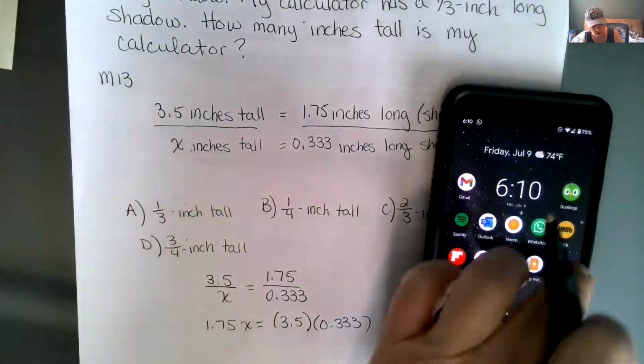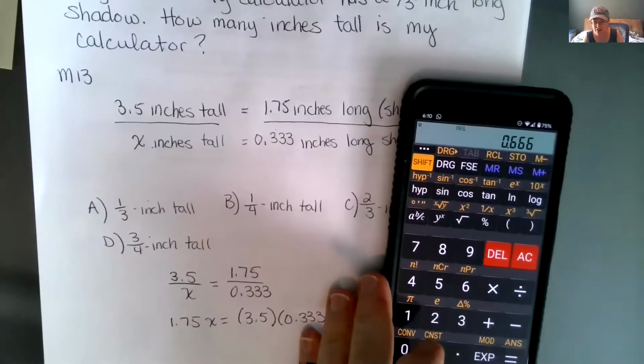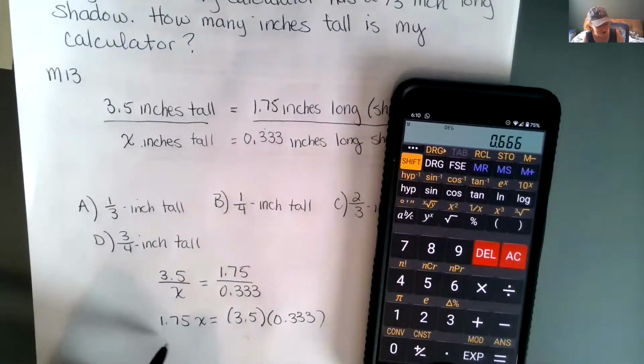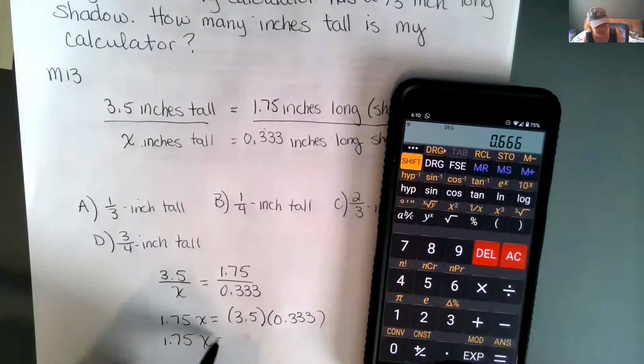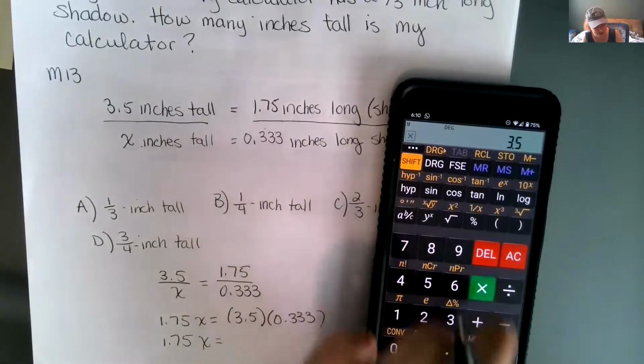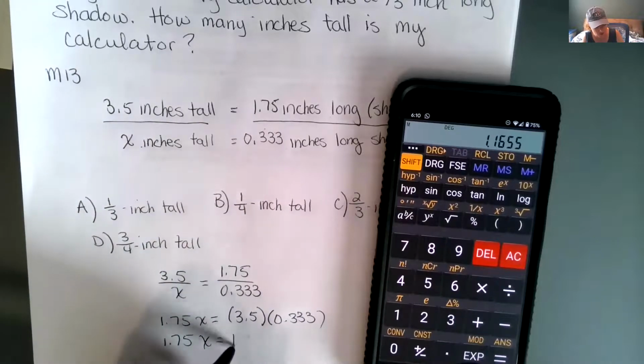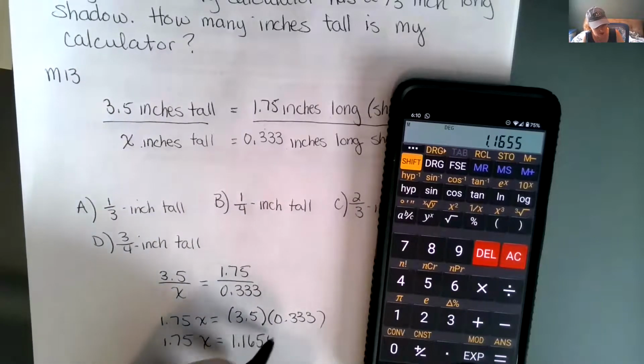And that gives me, my handy dandy calculator. That's what our answer is going to be because I did this earlier. 1.75x is going to equal 3.5 times 0.333. And that's 1.1655.